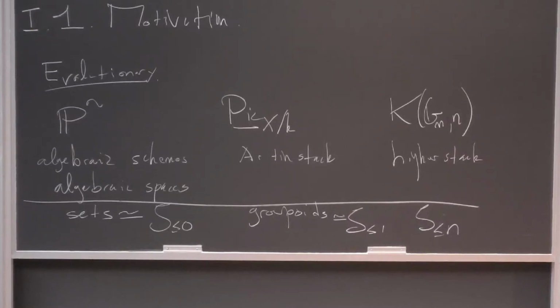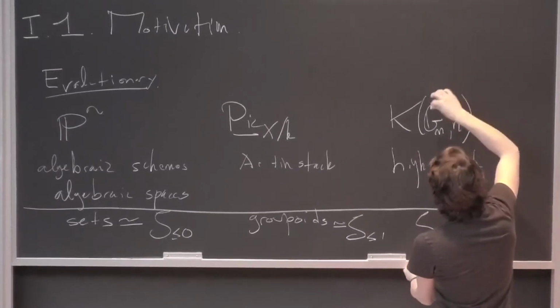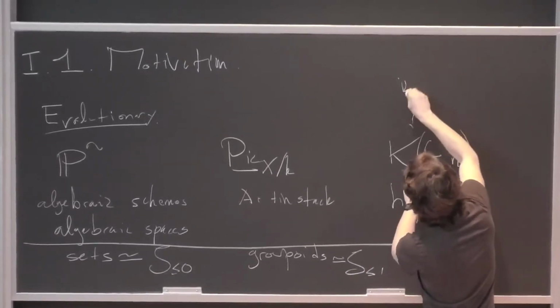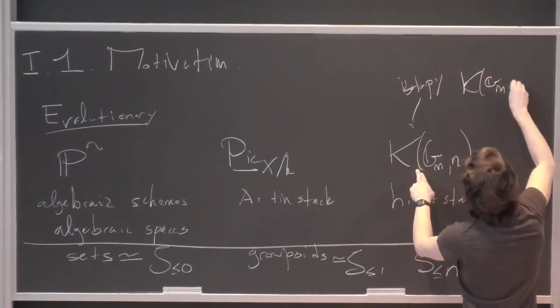Okay. And this K(G_m, n) is obviously the most exotic thing that I've written on the board so far. What you should think of is that this geometrically has a single point. It's a stack with a single point. But the isotropy is K(G_m, n-1).